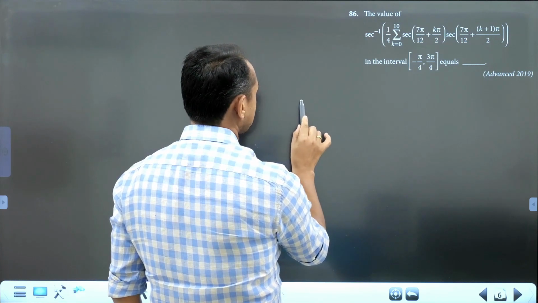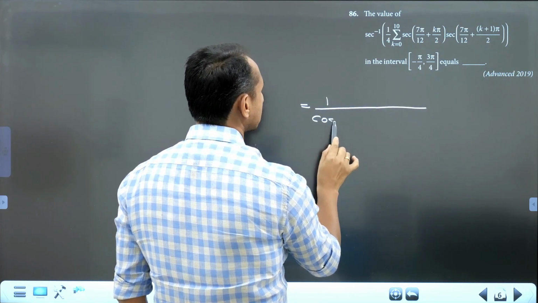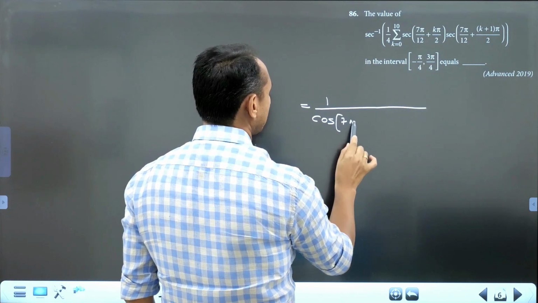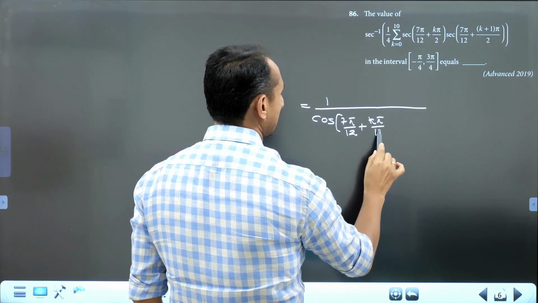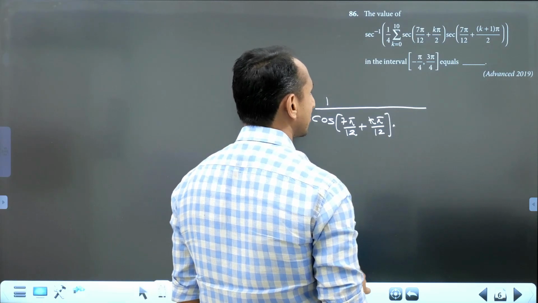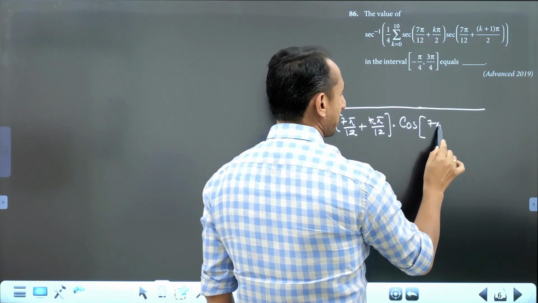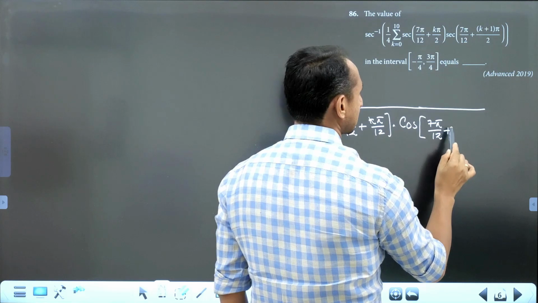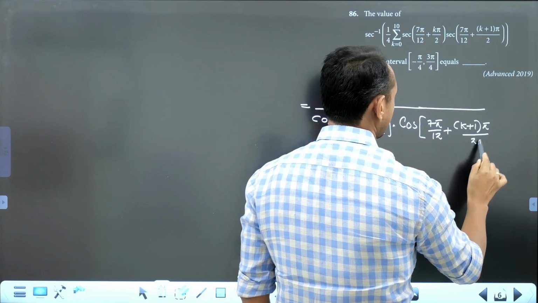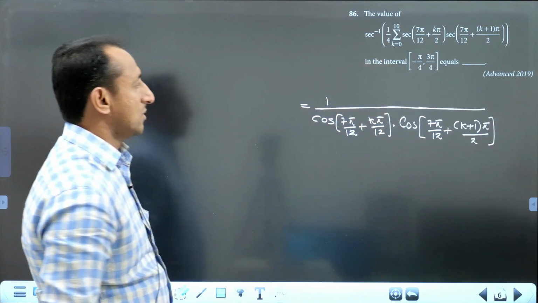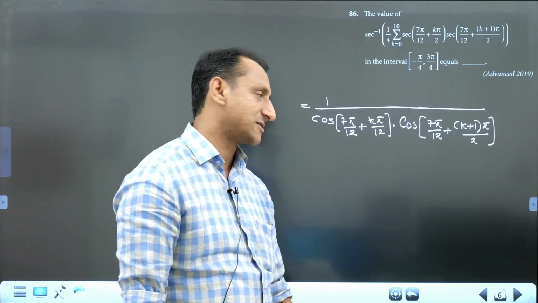Sec is written as 1 by cos(7 pi by 12 plus k pi by 2) into cos(7 pi by 12 plus (k plus 1) into pi by 2). I write sec as 1 by cos. How do we simplify this?